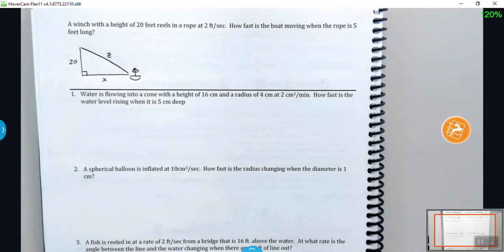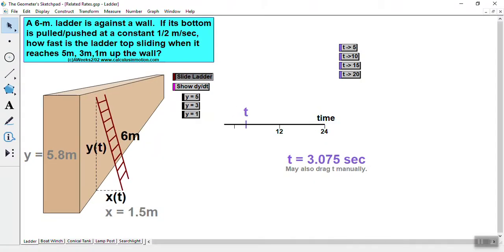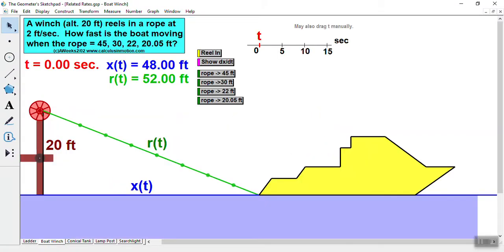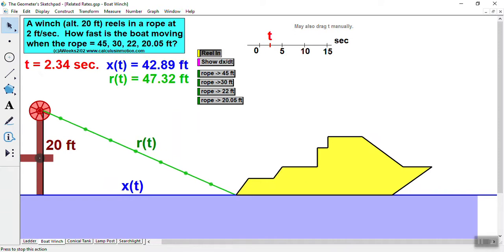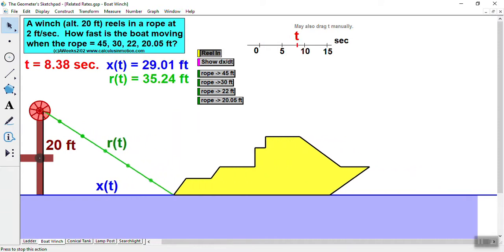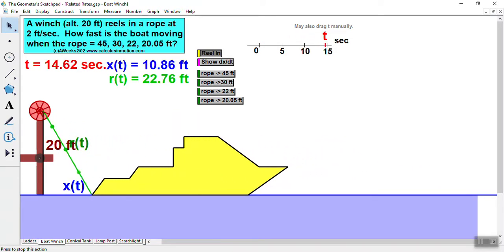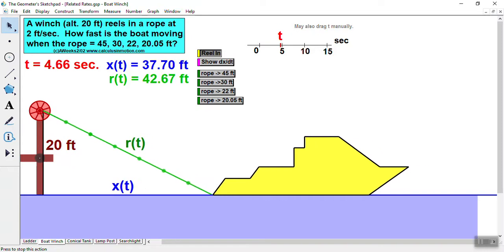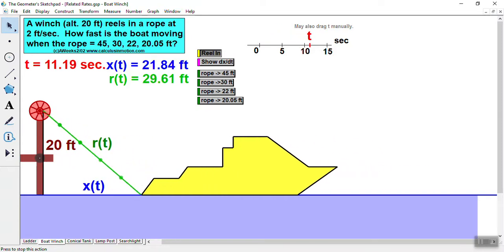Okay, you need to see a visual. Let me show you. You don't even know what a winch is, guys. This is the winch. This is the boat. And it's going in like this. What happens if that's on an exam and we don't know the winch? They won't tell you.